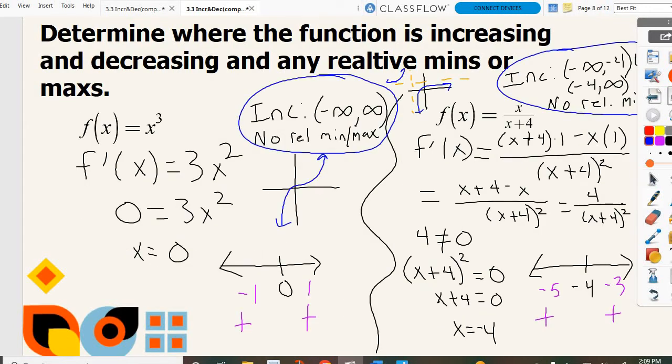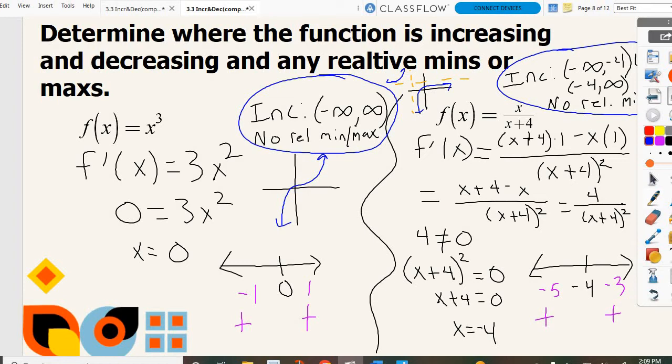One of them is that I have something that looks like this, where even though I level off, I continue going up. So even though this has a horizontal tangent line, it's not a maximum because it doesn't start going down on the other side.